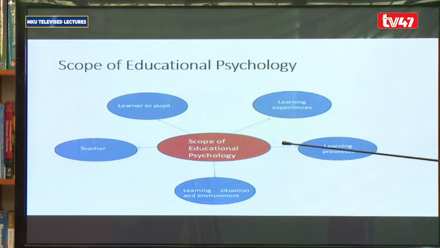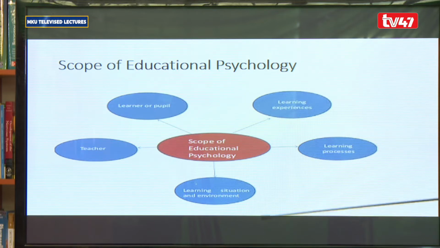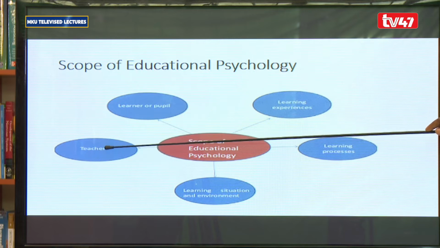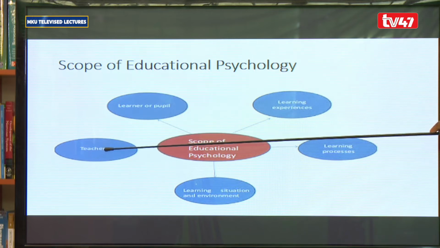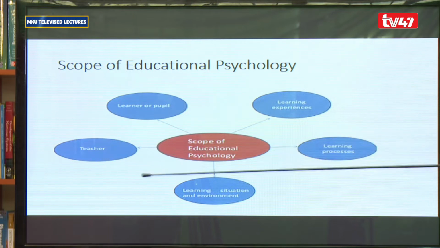How are the learners, as we shall see later, going to achieve this knowledge? The learning processes: which steps am I supposed to use as a teacher in my teaching and learning? Then we are also concerned about the person whom we refer to as the teacher. Very important person. Without the teacher, there can never be any learning. And then also the learning situation and the environment.